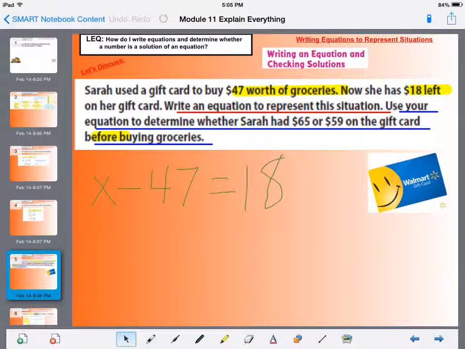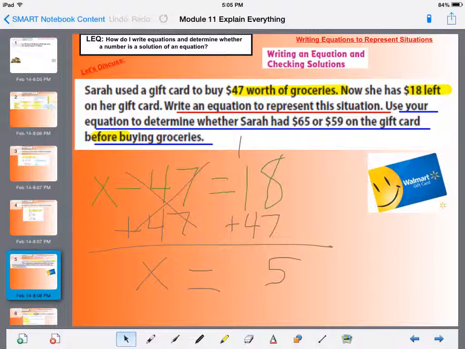In order to solve for x, I'm going to do the inverse operation of minus, which is plus. So I'm going to do plus 47 on both sides. That way I can cancel this out and solve for x. X equals $65, and so my answer is Sarah had $65 on the gift card before buying groceries.